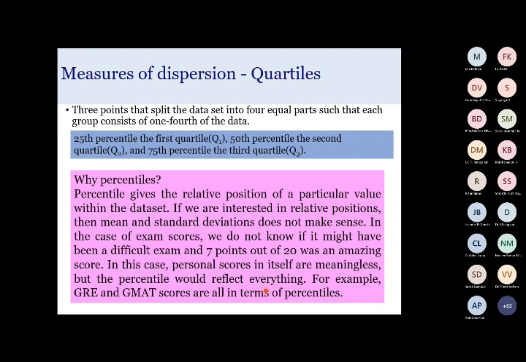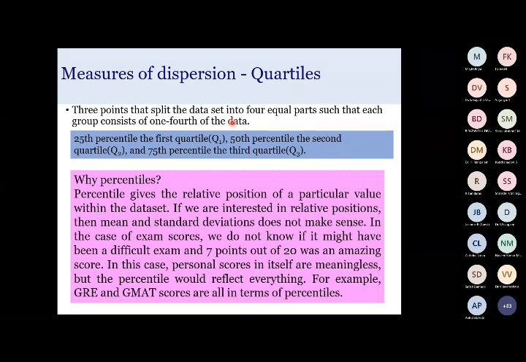Either we can partition into 2, or into 4, or into 10, and so on. Here, for quartiles, we split the data set, or the particular feature, with 3 split points. If we make 3 split points, we get 4 equal parts. We call these quartiles.